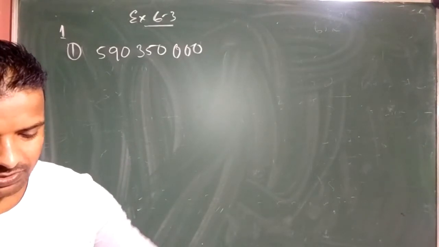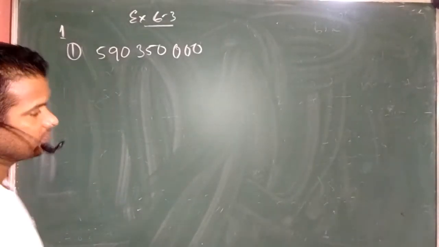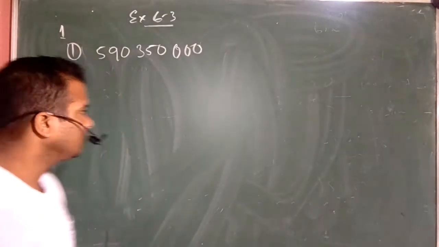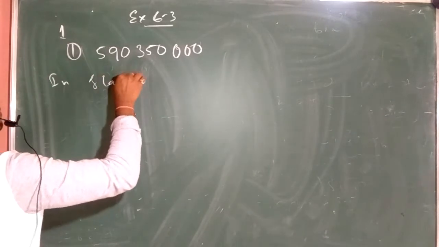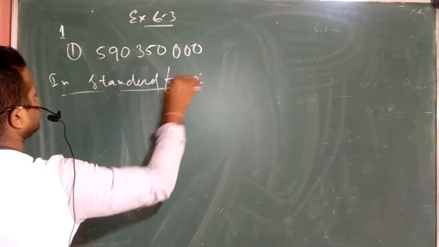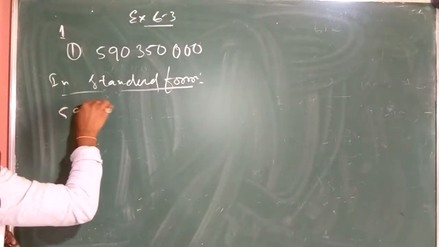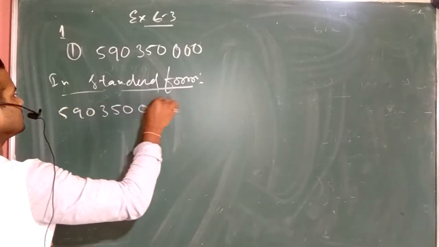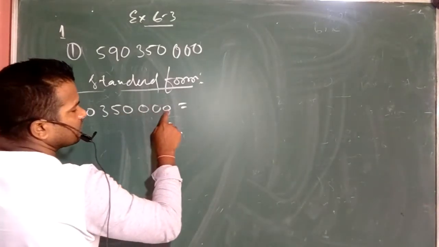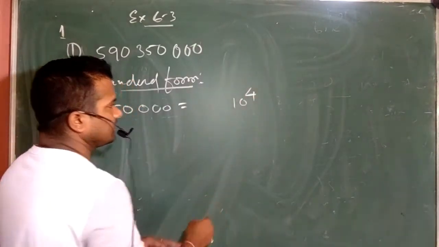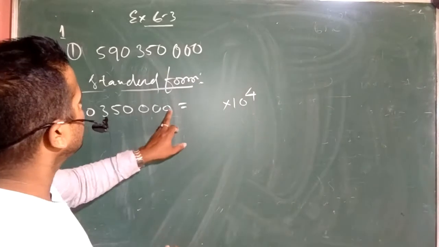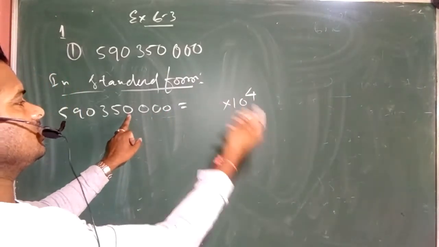So in standard form, 590 350 000 is equal to, first count the zeros from the right side. 1, 2, 3, 4. That means 10 to the power 4.